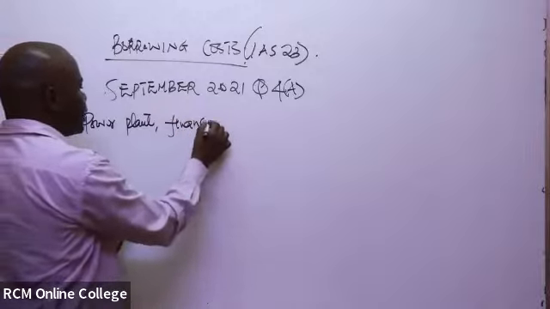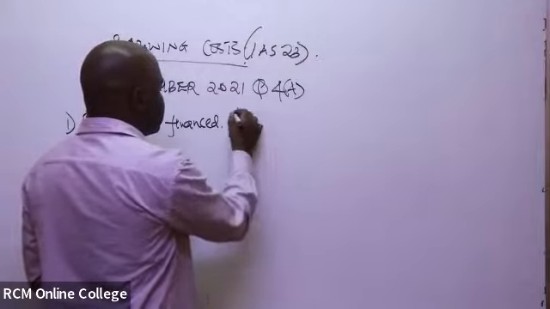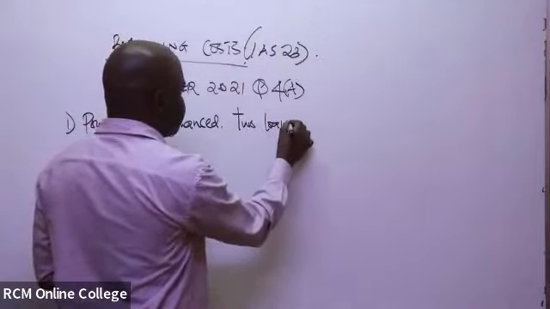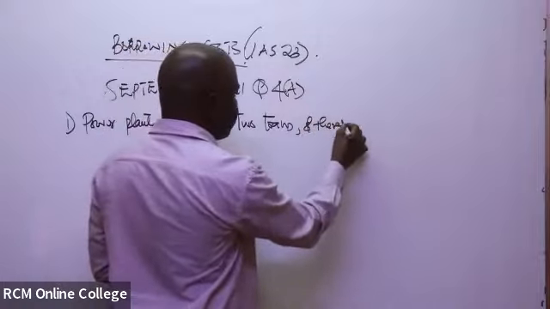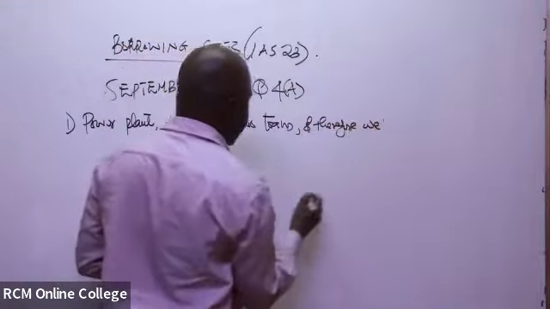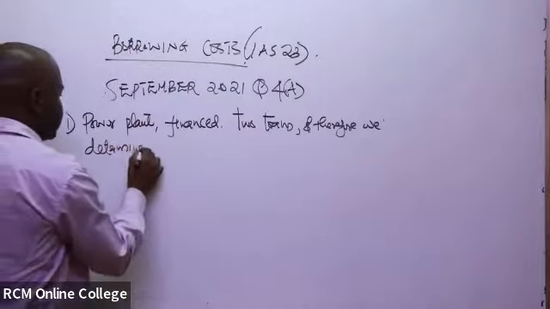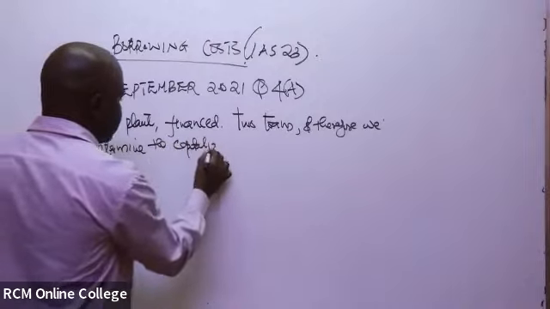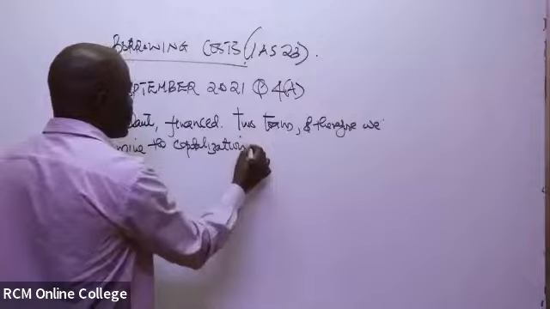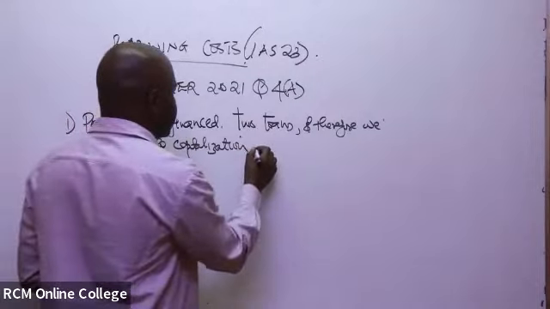The power plant was financed by two loans, and therefore we determine the capitalization rate, because the two loans have what? Two different rates.